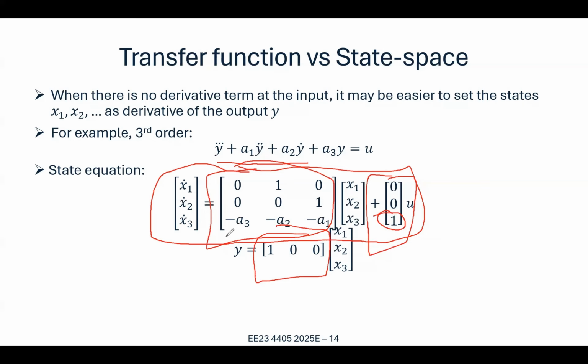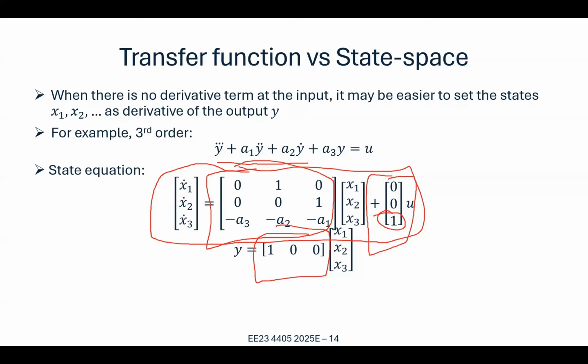Okay, so that's the transfer function versus state space. Yeah, this is just one of the representations. Again, there could be many representations of the transfer function versus state space conversion.